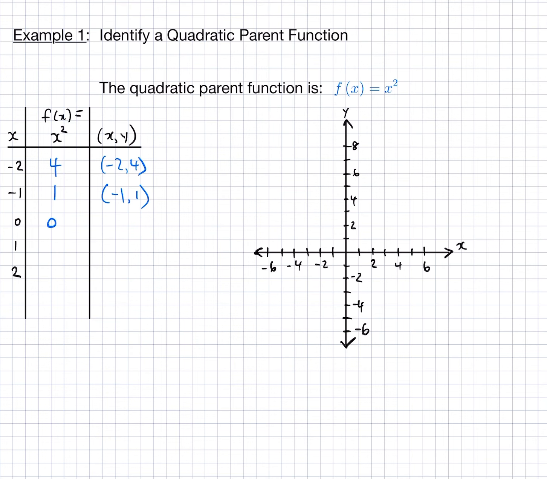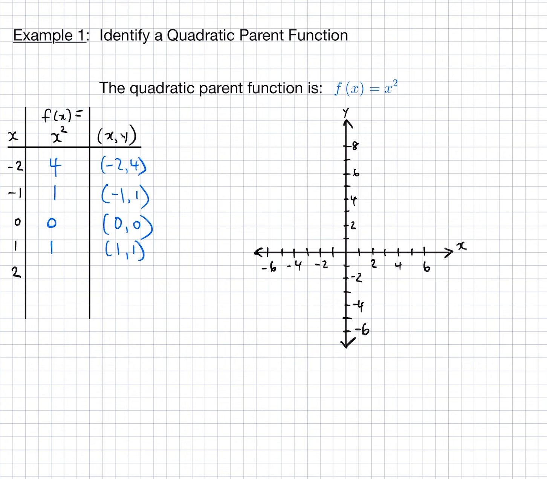So we're going to put the value of 0 there, and the coordinate here is going to be (0, 0). Just to be clear, the coordinate (x, y) is going to be this value, this value. Going on to the next one, if we enter the value of 1 into this function, 1 squared gives us 1. And so the coordinate here is going to be (1, 1).